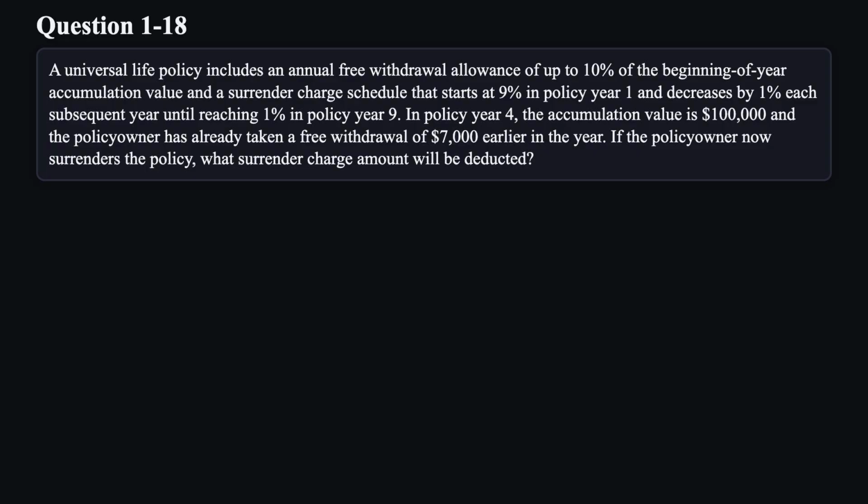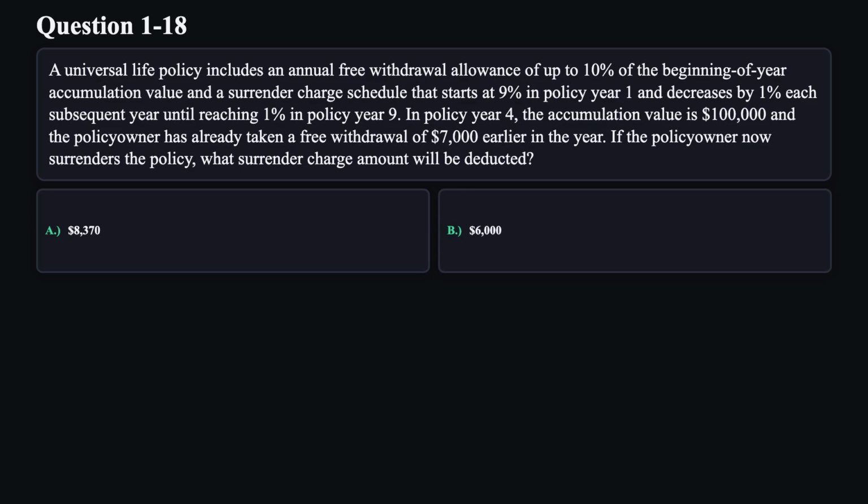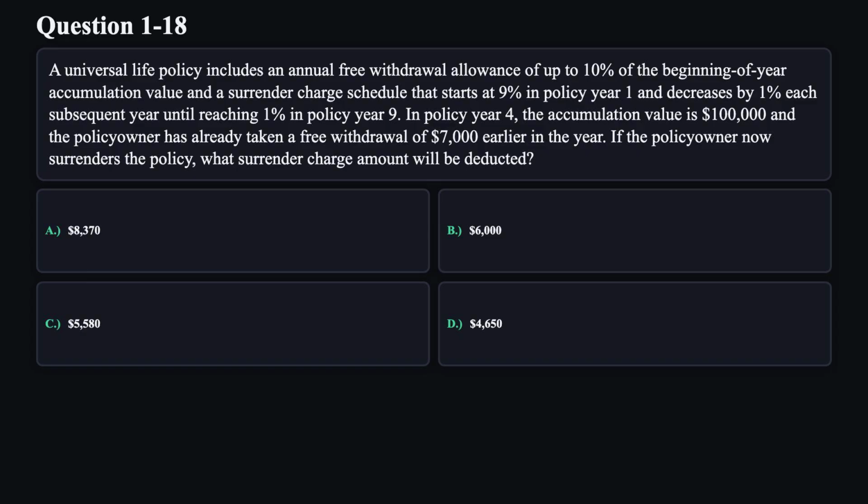In policy year 4, the accumulation value is $100,000 and the policy owner has already taken a free withdrawal of $7,000 earlier in the year. If the policy owner now surrenders the policy, what surrender charge amount will be deducted? A. $8,370. B. $6,000. C. $5,580. D. $4,650.